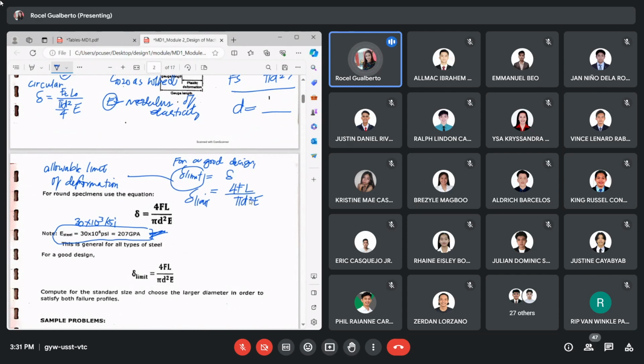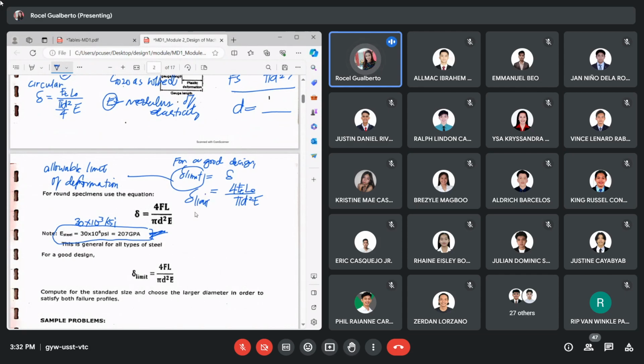So, kung ano man pong area, yun po yung ipapalit natin doon. Okay? Now, base naman po dito, yung allowable limit of deformation, this will be given. Okay? Same thing with the tensile load, force, yung length po natin, the original length, modulus of elasticity is taken from the design table. Okay?